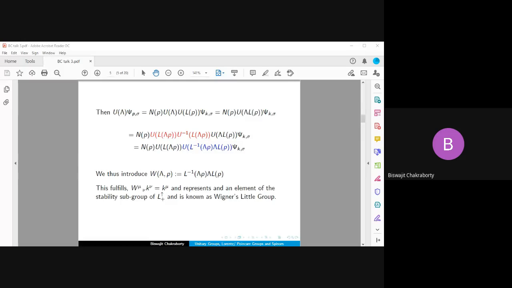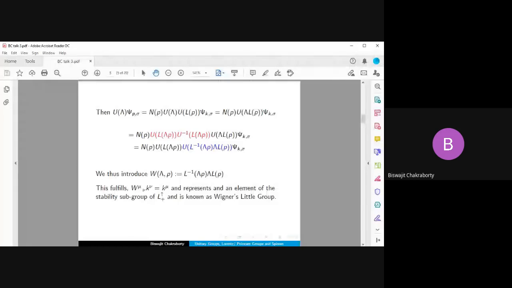Now you insert, which I have indicated in red, an identity here, that is U(L_{Λp}) U inverse of L_{Λp}. And then in the next line, you are clubbing U inverse of L_{Λp} with U(ΛL_p).